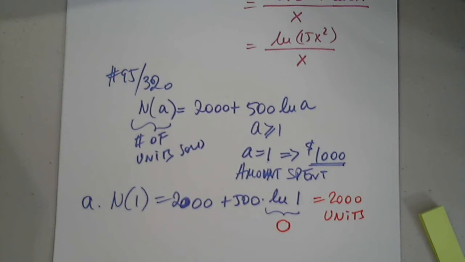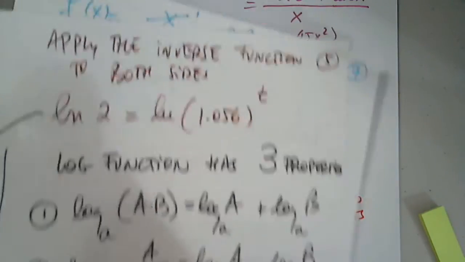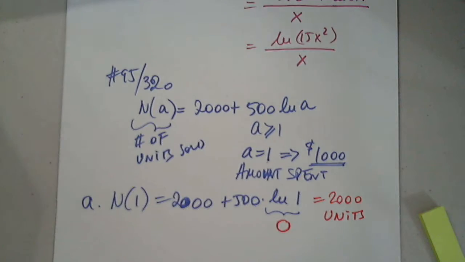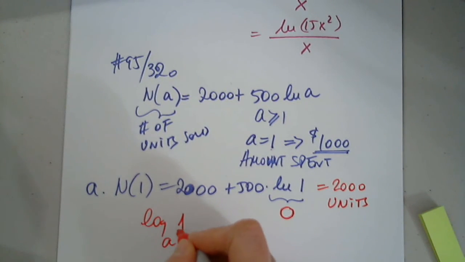So that's another of those minor properties. The big properties are those three that I mentioned, but there are tiny properties here and there, like natural log 1. Log in any base of 1 is 0, always.